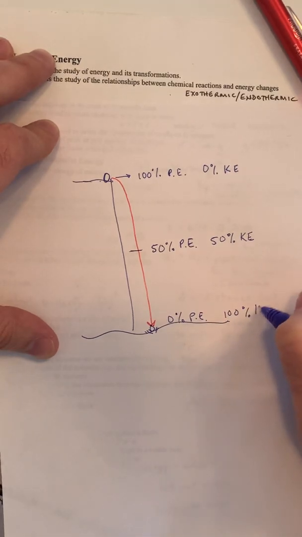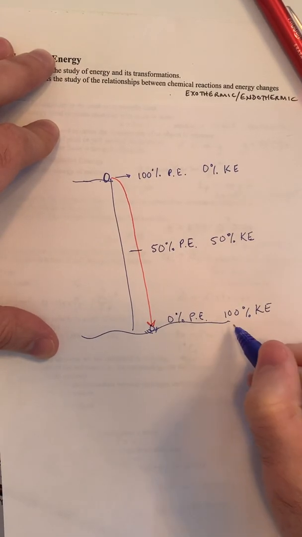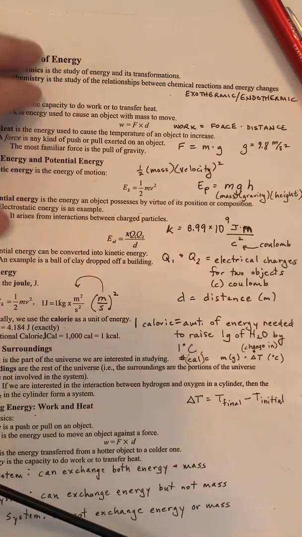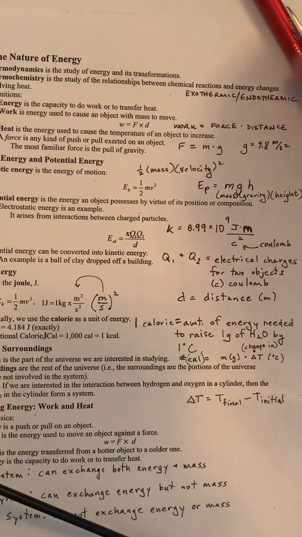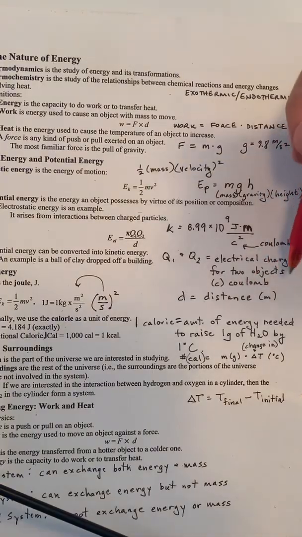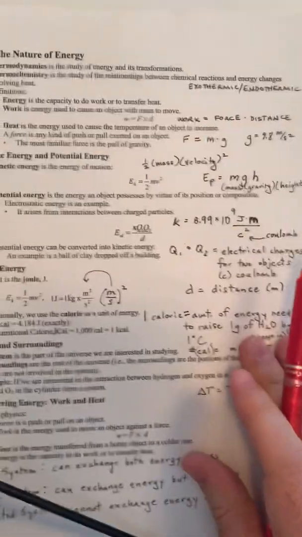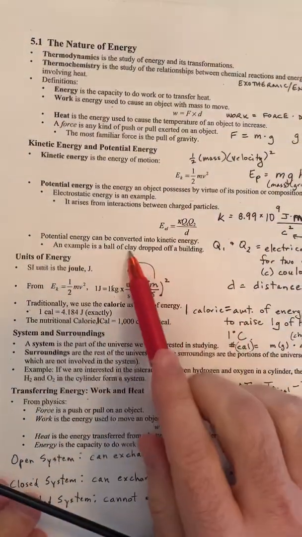Because it has no height above the ground, all of it would have turned into kinetic. Okay, so that's the potential energy being converted to kinetic.